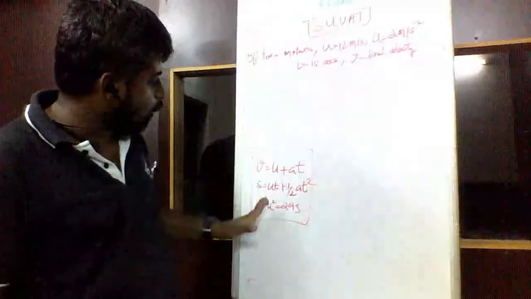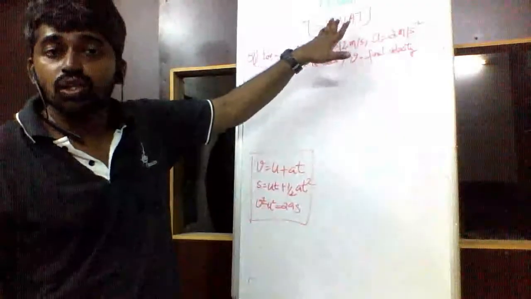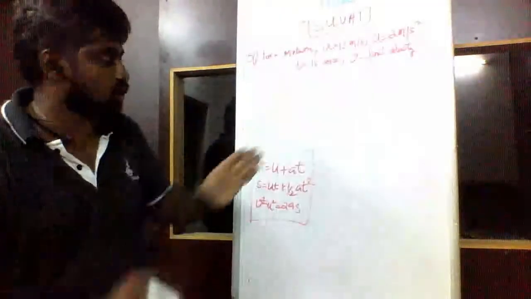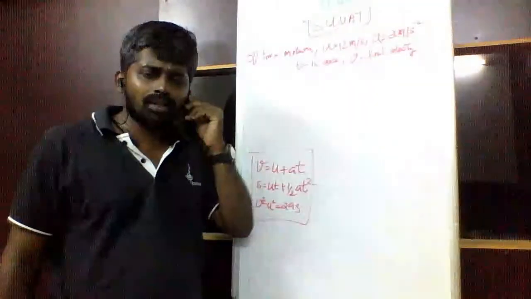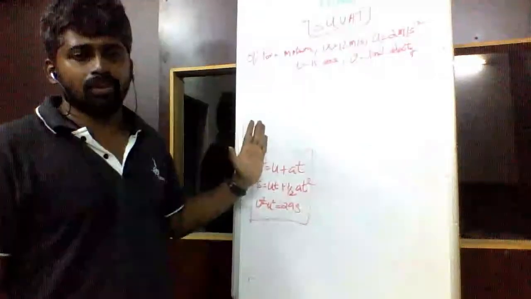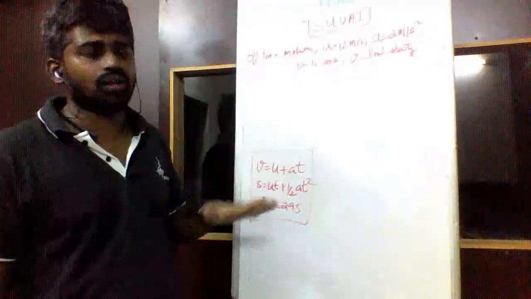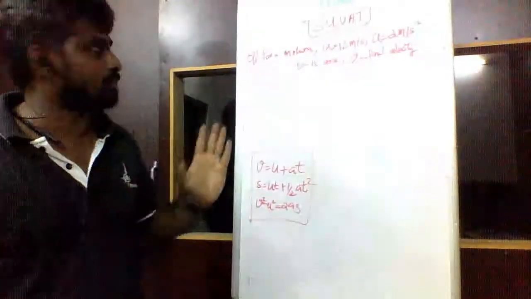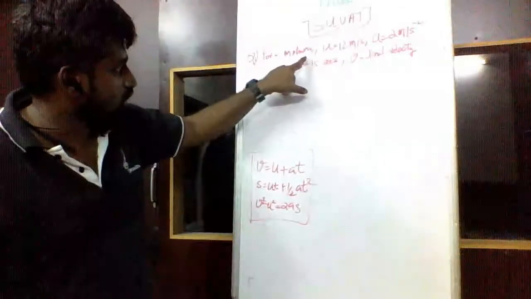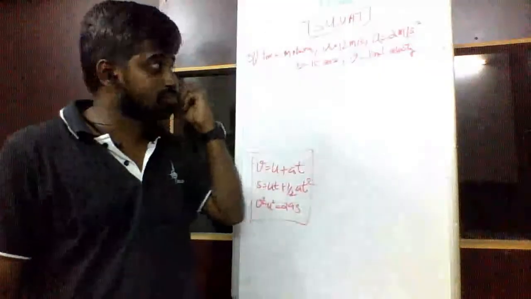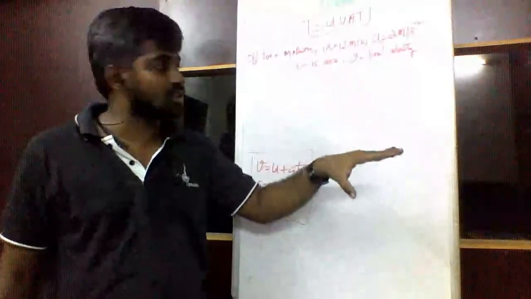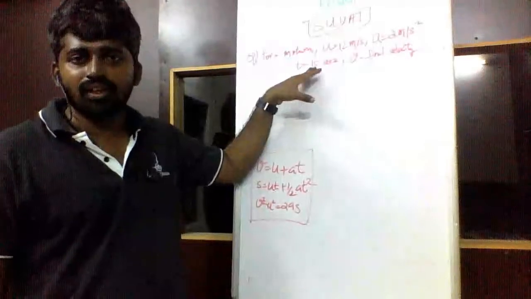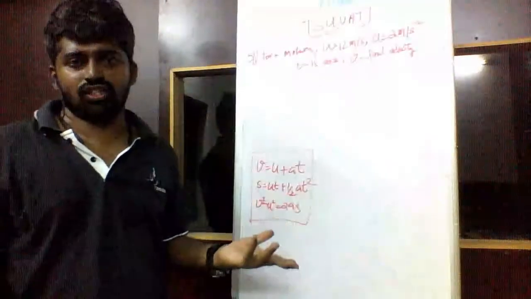All these variables are acronymed in such a way. SWOT means all these variables. If you know what is SWOT, you can solve any number of problems. For this problem, for a motion, initial velocity is given, acceleration is given and time is given, and they are asking for the final velocity.